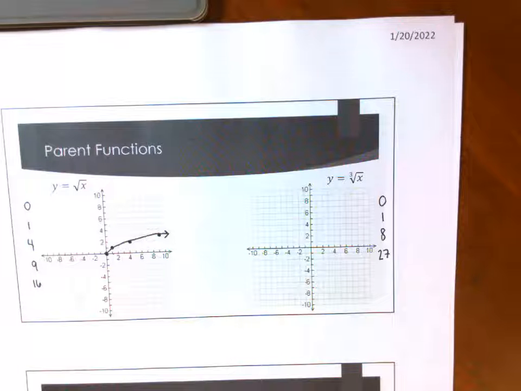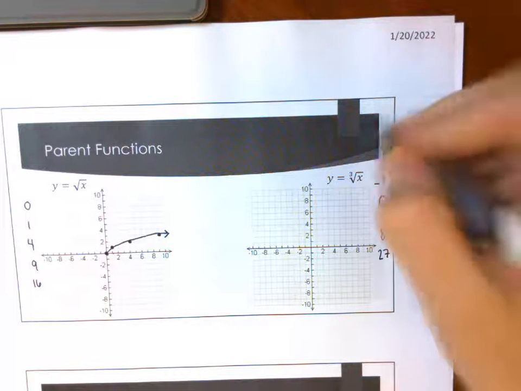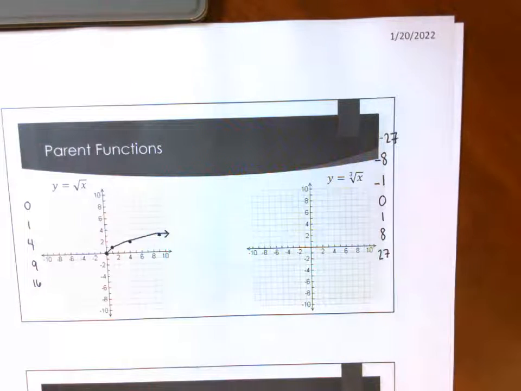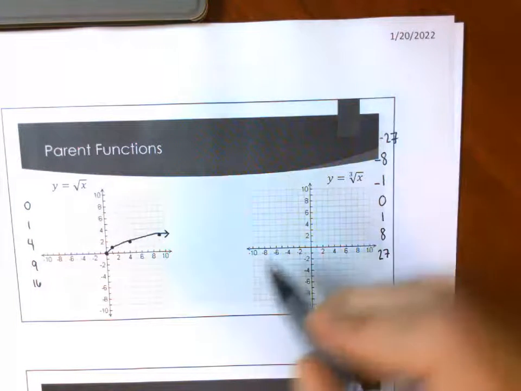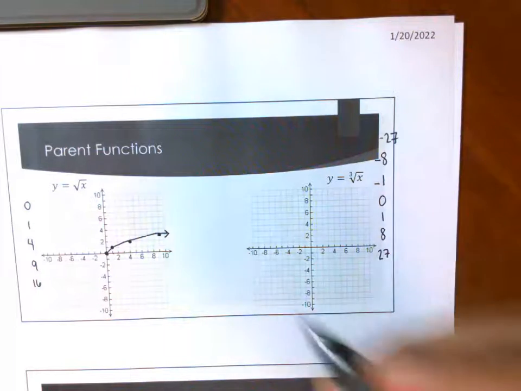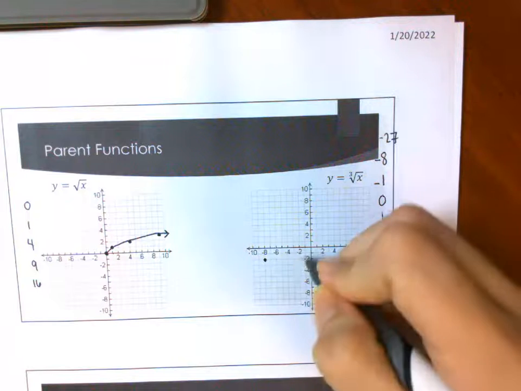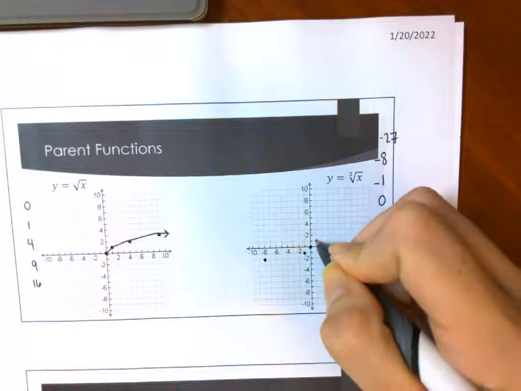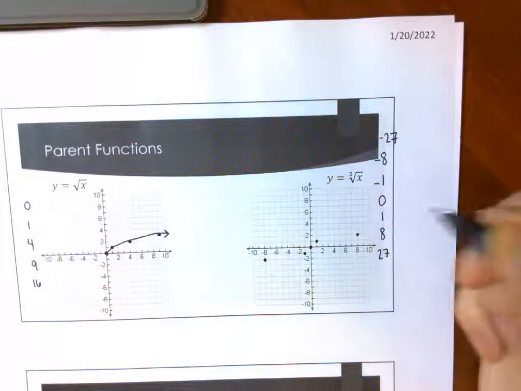I can take the cube root of -1 and of -8, and I can get real numbers. So the cube root of -8 is -2. The cube root of -1 is -1. The cube root of 0 is 0. The cube root of 1 is 1. And the cube root of 8 is 2. And it makes, I think, a kind of satisfying little S-curve here.